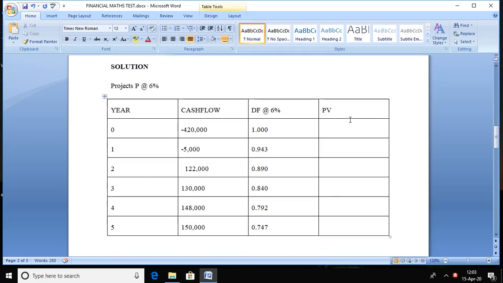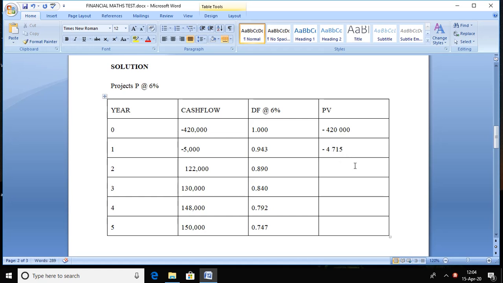Get those values. Then finally begin to multiply. You have negative 420,000. That's multiplied by 1. Negative 5 multiplied by 0.943. That is going to be negative 4,715.